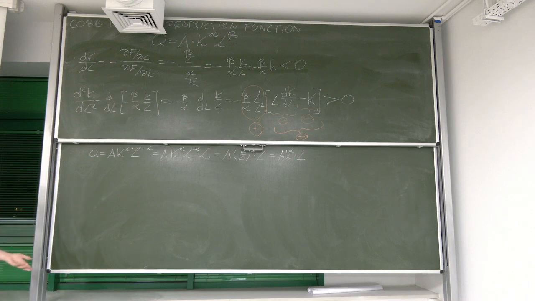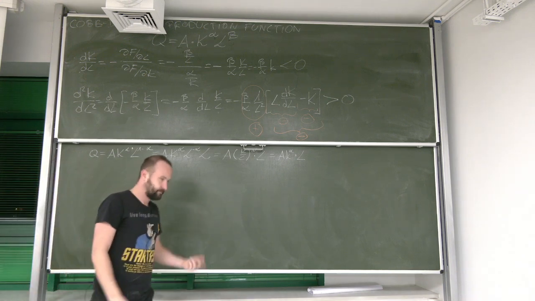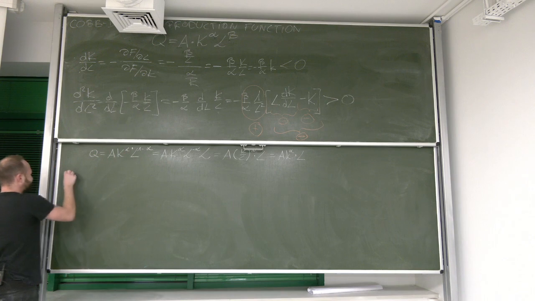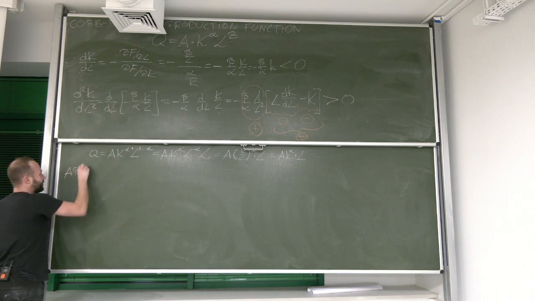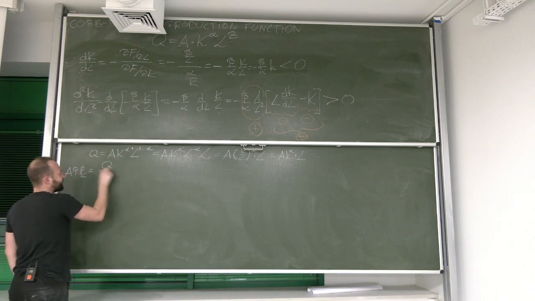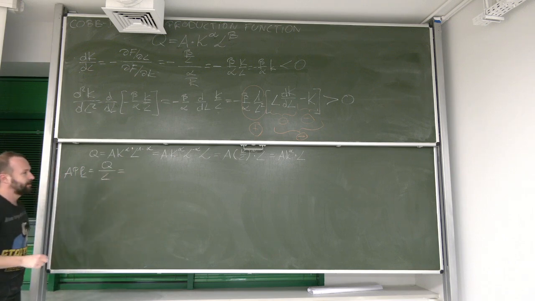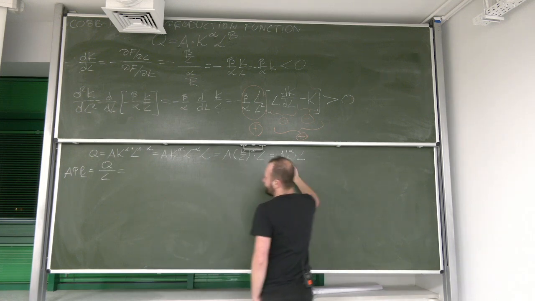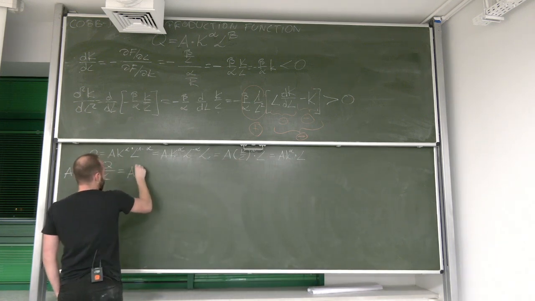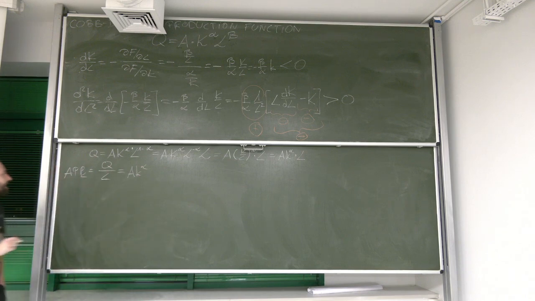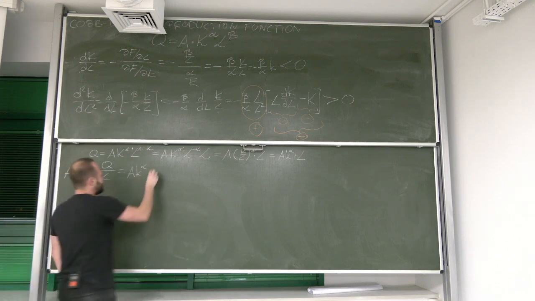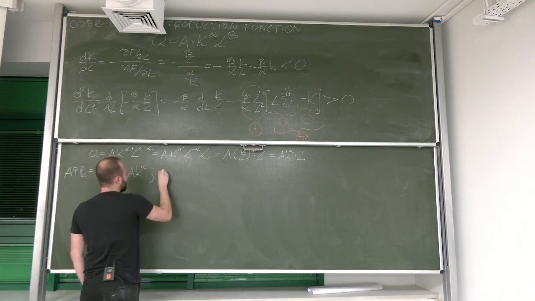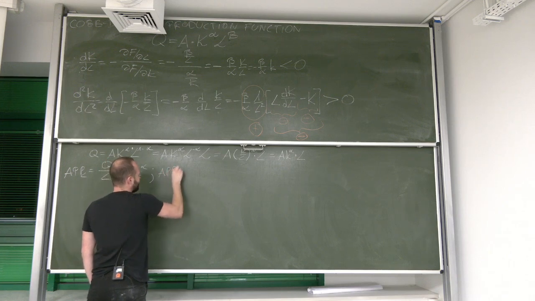Now, will we get the same results for average products? So we start with the average physical product of labor. We take the production level and divide it by L. And look, from this we can right away see that what we get is A times k to the power of alpha, which is a function of the capital to labor ratio alone again. Okay, so now we can calculate the average physical product of capital.